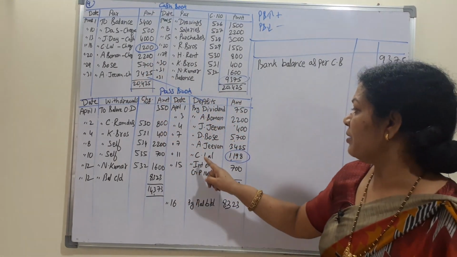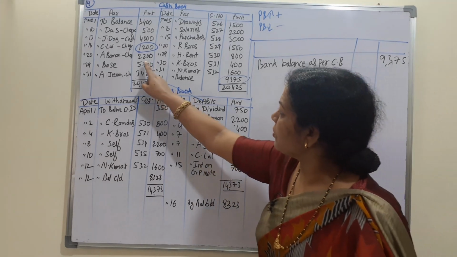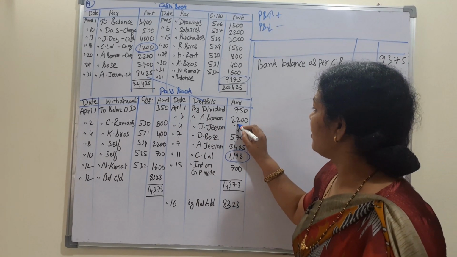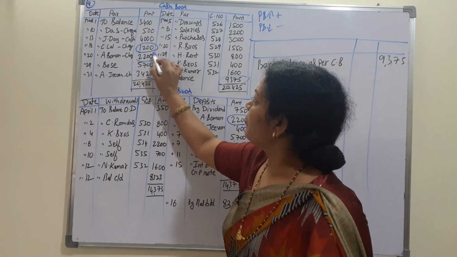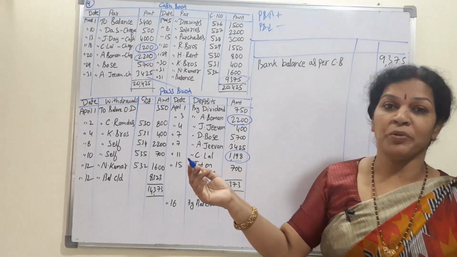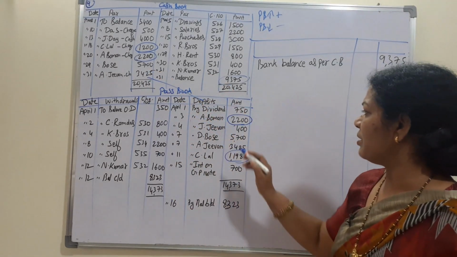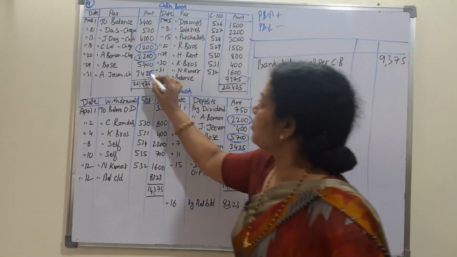In the same way, we'll check 2200 A Buman. This check is also here. We sent it for collection but it was collected in the month of April. It means checks deposited but not collected in the same month. And D Bose 5700 is also here.